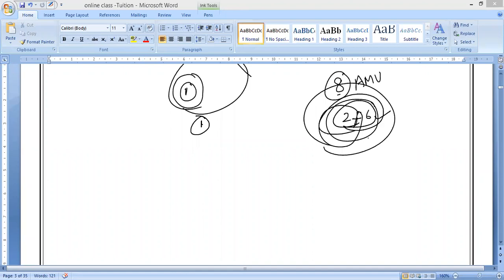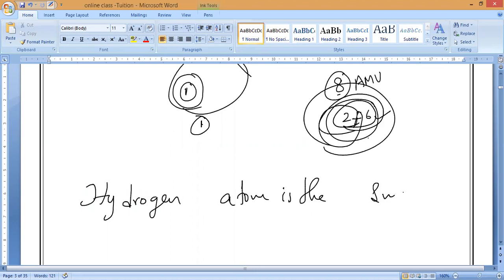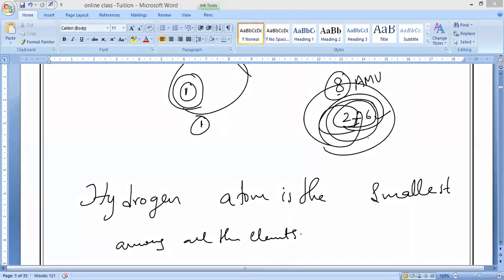Please, all of you write it: hydrogen atom is the smallest among all the elements, all the atoms of elements.